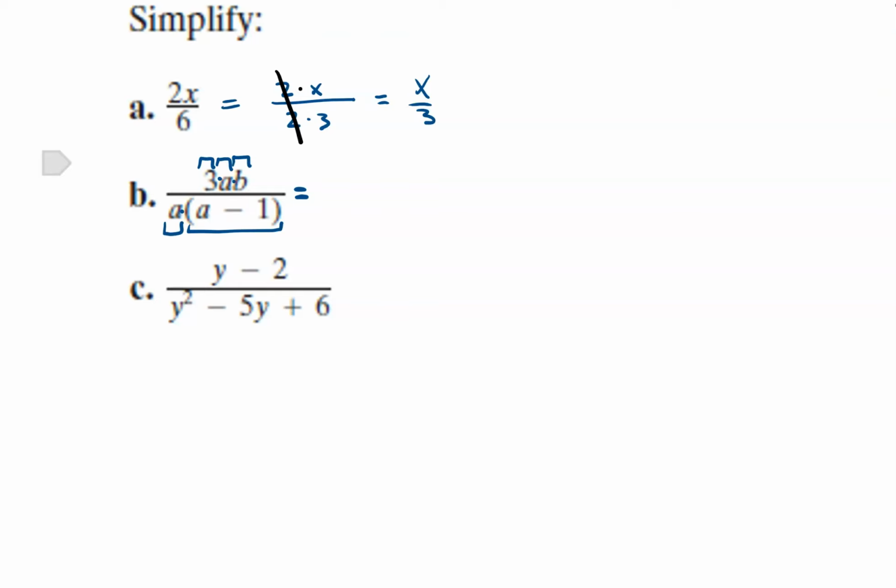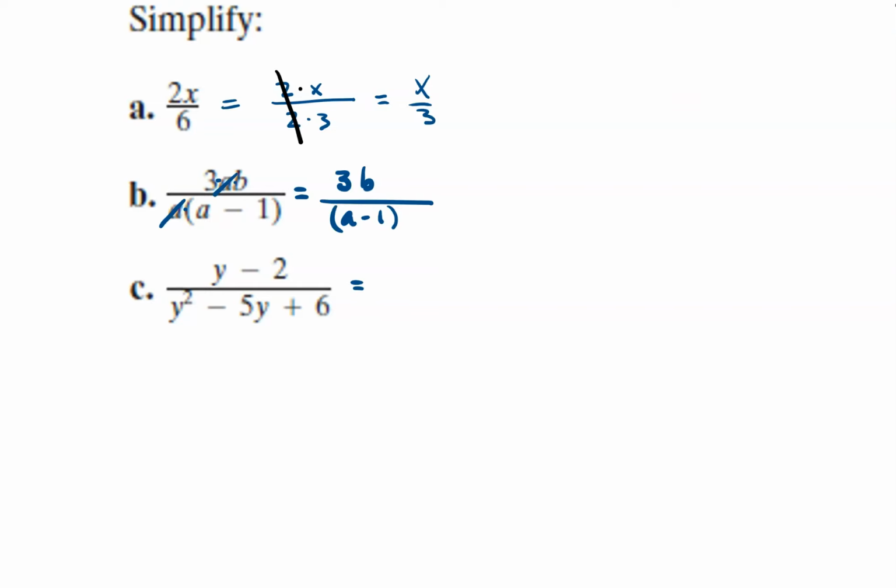We can get those components to cancel as long as the terms are separated by multiplication signs and exist exactly the same in the numerator and the denominator. So I see this a and this a exist in the numerator and the denominator, and both of them are separated from the remaining terms by multiplication. So that leaves us with a term that contains 3b in the numerator and a term a - 1 in the denominator.